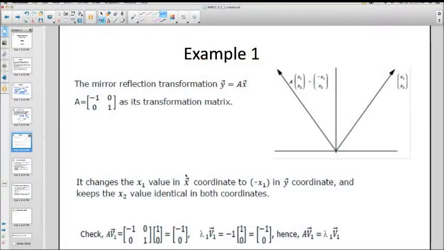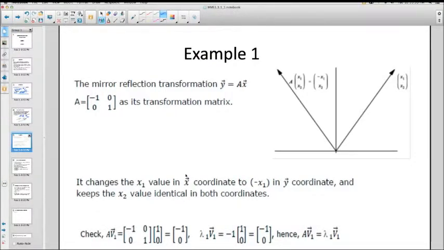So what is the geometric meaning of the eigenvector? It is the vector that under the transformation does not change direction or goes to the other direction, 180-degree opposite.